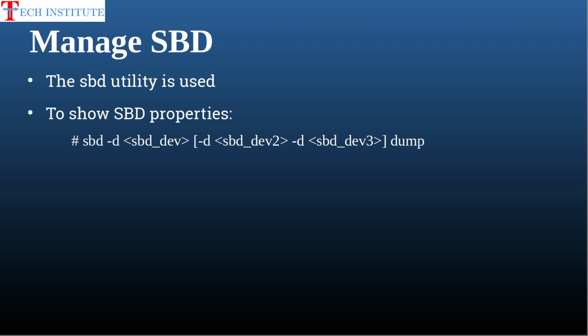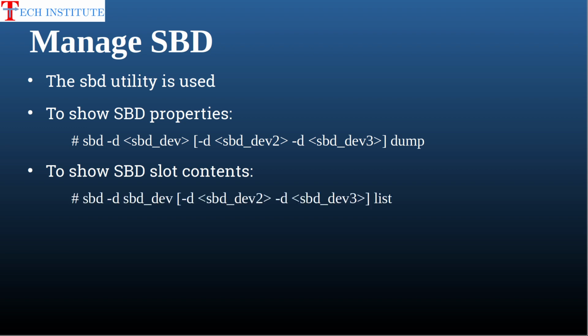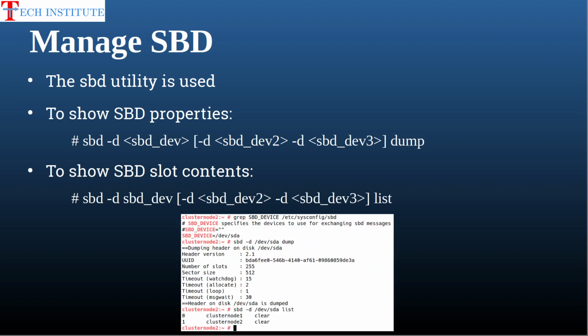So it will dump the properties of the SBD device. To see the slot contents for that SBD, that's nothing but the nodes in which this SBD is configured, you use the command sbd -d, then you put the device name and then you put list.